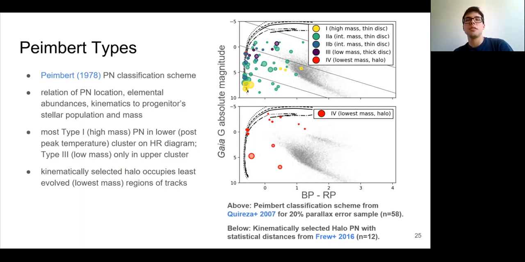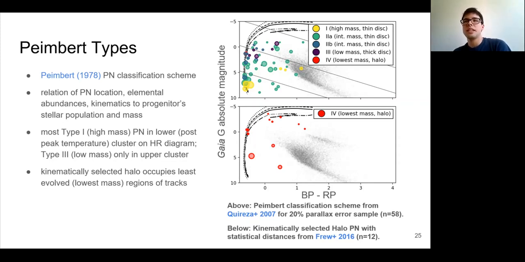The highest mass objects come from the thin disk, lower mass objects from the thick disk, and the lowest mass from the galactic halo. The idea of this classification, this 2007 work, was to take all of the parameters known about the object and assign it one of these classes, which you would then think relates to its mass.